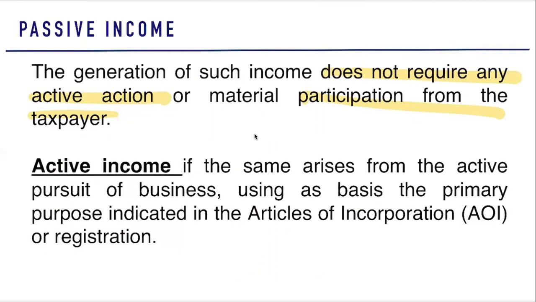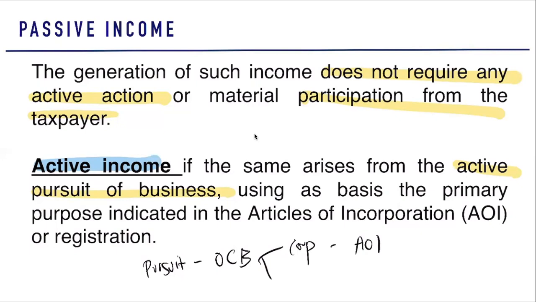How about an active income? What is an active income? An active income is an income with effort, of course. It arises from the active pursuit of business. And when we talk about pursuit of business, this must be based on the ordinary course of business of the particular business entity. If that is a corporation, how do we determine the ordinary course? It is based on the articles of incorporation.